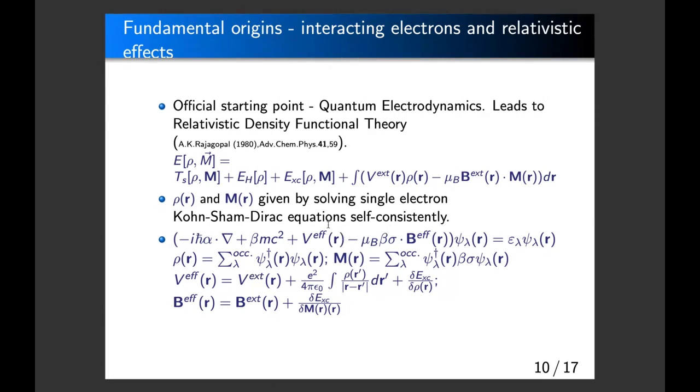Then what one does is solve this Dirac equation, or if you're looking at the non-relativistic counterpart, the Schrodinger equation. You make a guess for what this charge density and magnetization density is. Then one generates these effective fields and effective magnetic fields, and puts them into the Schrodinger or the Dirac equation, solves these for the wave functions, and then calculates the charge densities from those one electron wave functions.